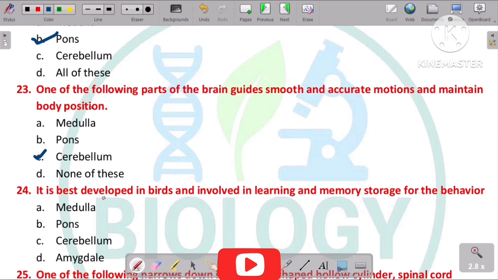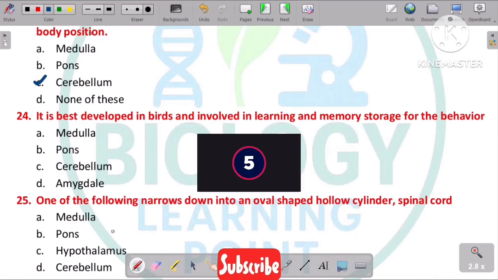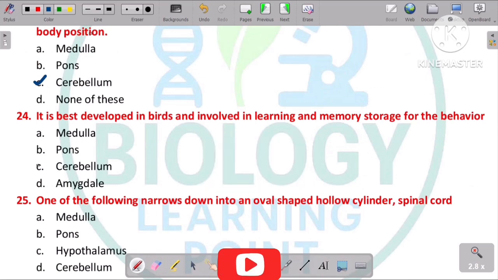So the next question is, it is best developed in birds and involved in learning and memory storage for the behavior. So the options are, so the right option is option C, cerebellum.